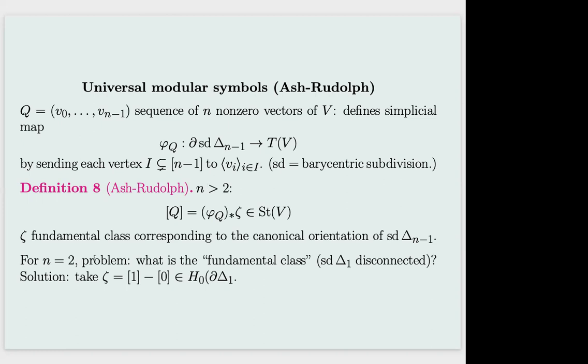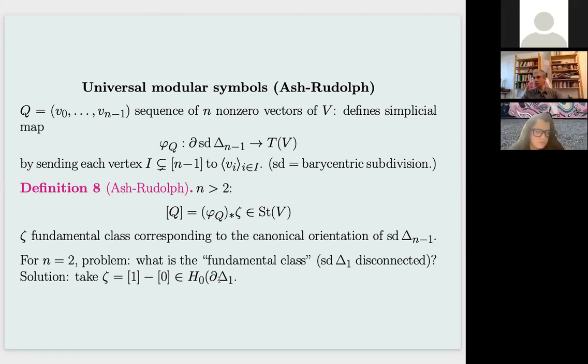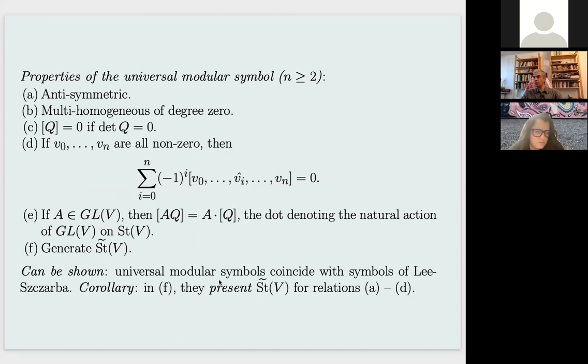So the solution is to take for zeta the class of 1 minus 0 in H0 of delta 1, and then to make the same definition. And then we get the universal modular symbol defined for all n greater than or equal to 2.